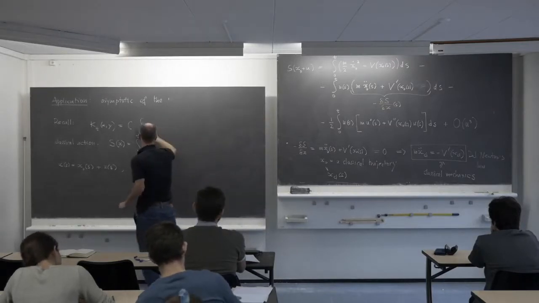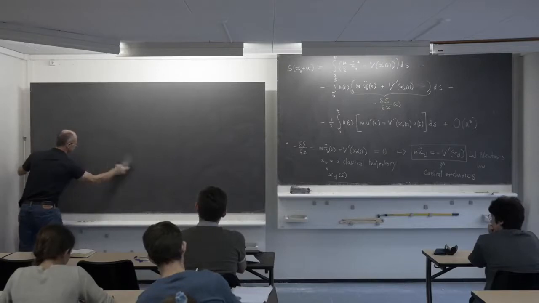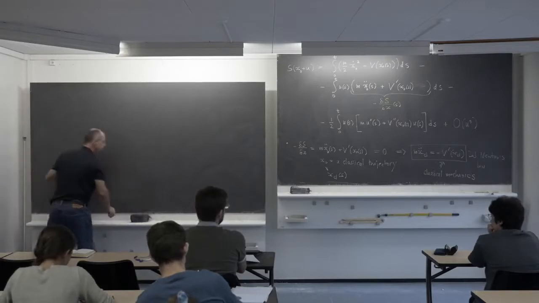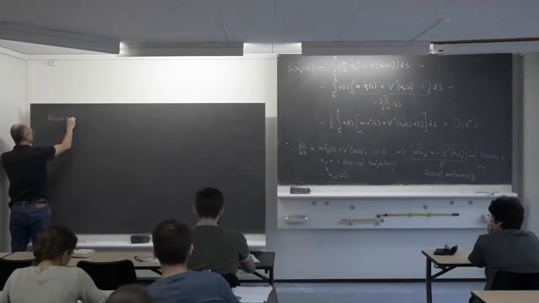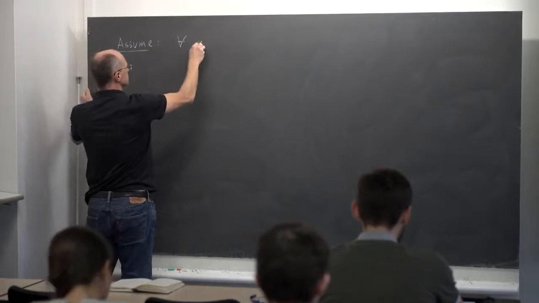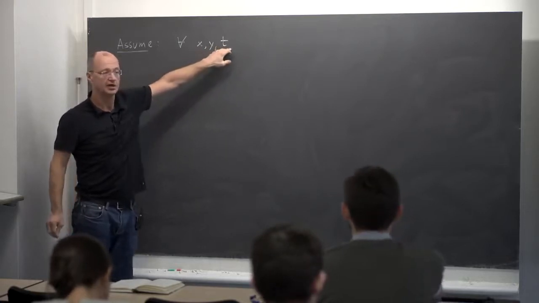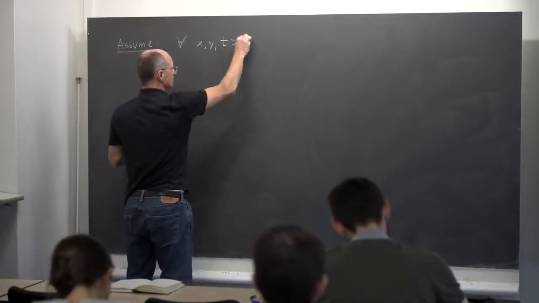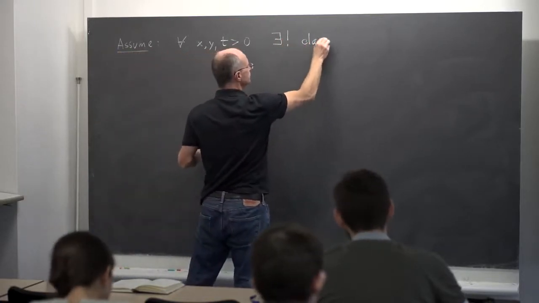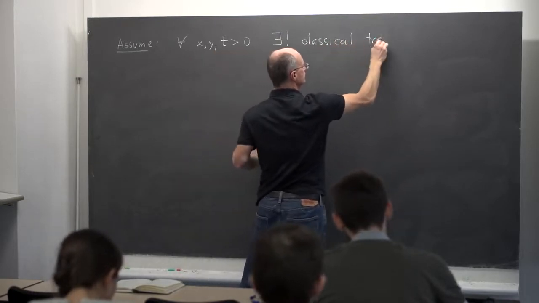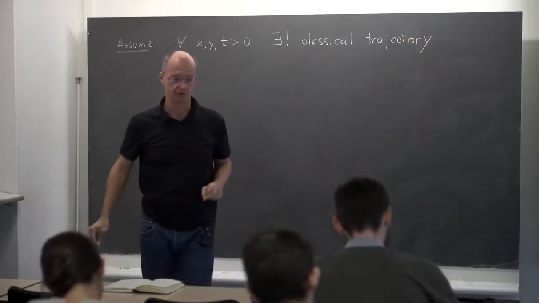So let's make a simplifying assumption. Assume that for all pairs of points x, y, and for all time periods t greater than 0, there is a unique classical trajectory. Right?